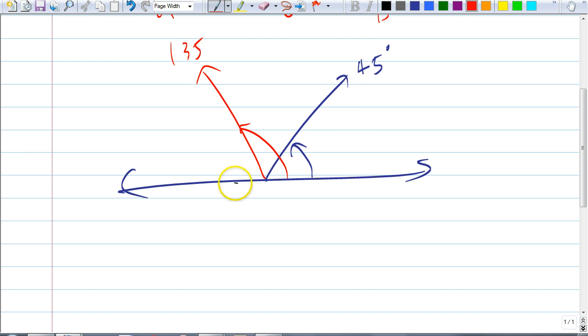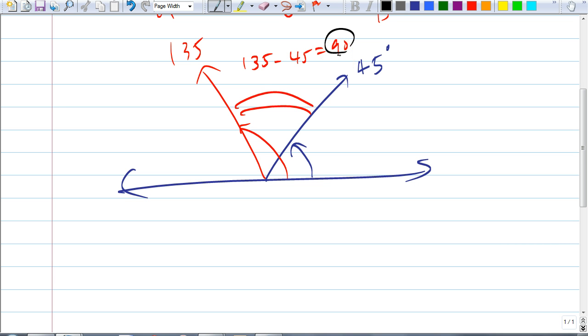Then can you find the angle measure between these two rays? Just like we found the distance between two points. Do you know how to find this angle right here? Yeah? What is that going to be? Anybody? Yeah? You subtract it. Oh! Does that sound familiar? 135 minus 45. What does that give you? You subtract them, right?